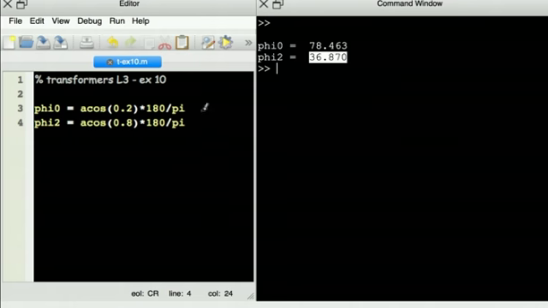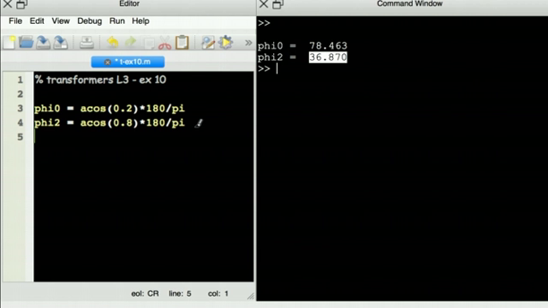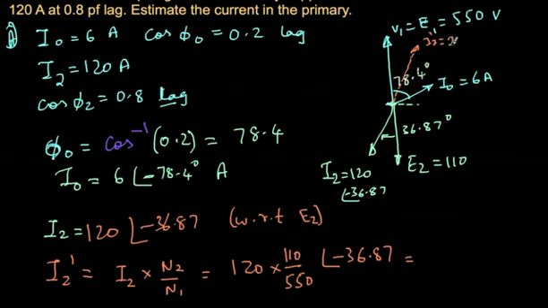So here, let me write it. That is I2 dash, equal to 120 multiplied by 110 by 550. Here I'm only calculating the magnitude. So I'm getting 24, and the angle will be minus 36.87.